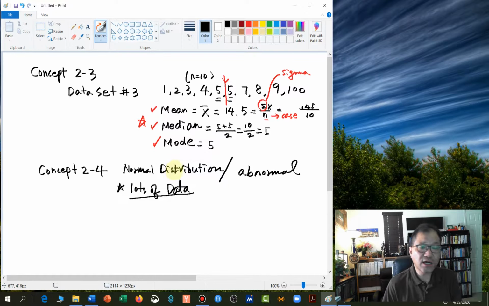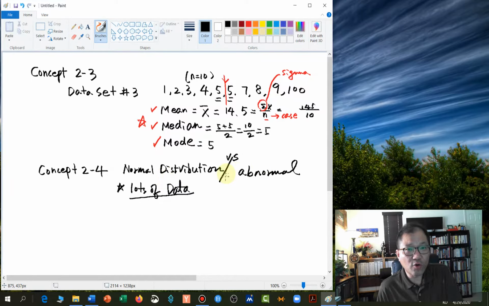So the first concept of distribution is normal distribution. If you have a lot of data, numbers will be normally distributed, versus numbers will be abnormally distributed. That is abnormal distribution. Again, we have two different types of distribution as of now.